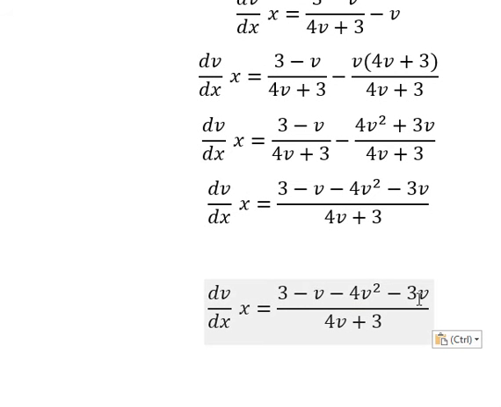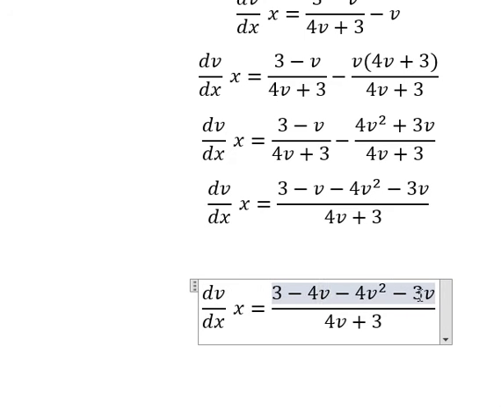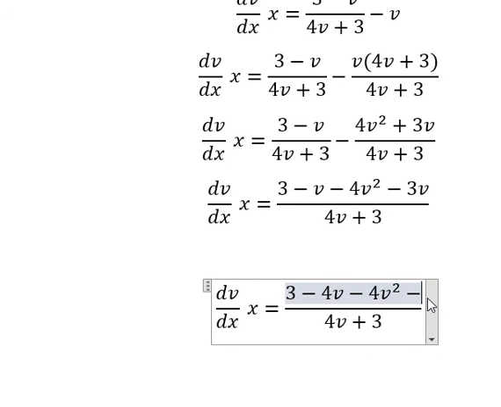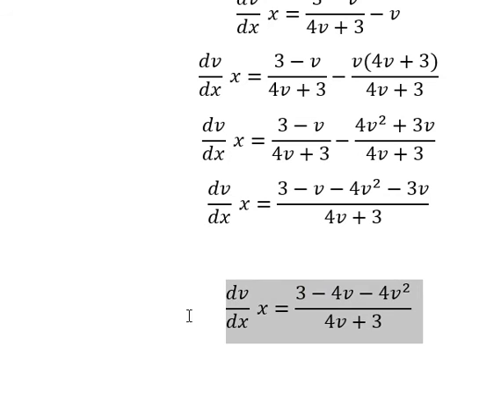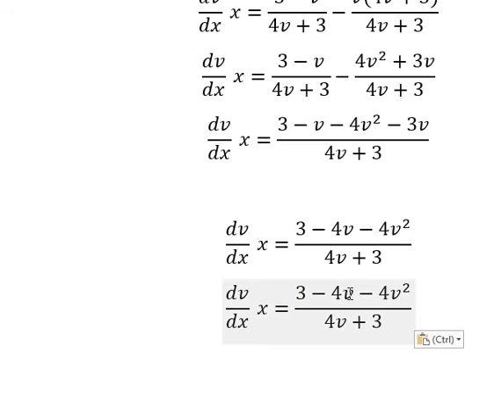So negative v, negative 3v, we have negative 4v. So I will put this one go to the left, the s and s go to the right.